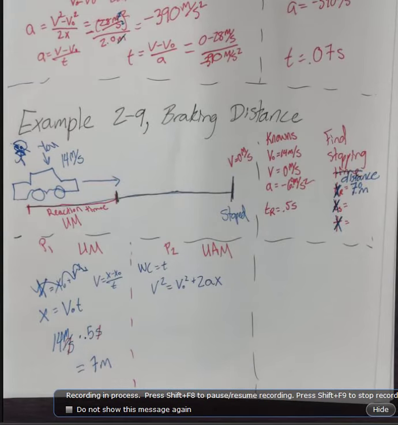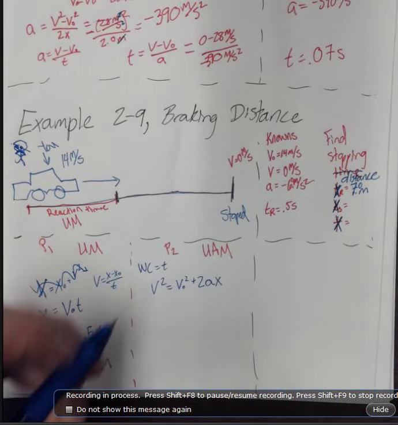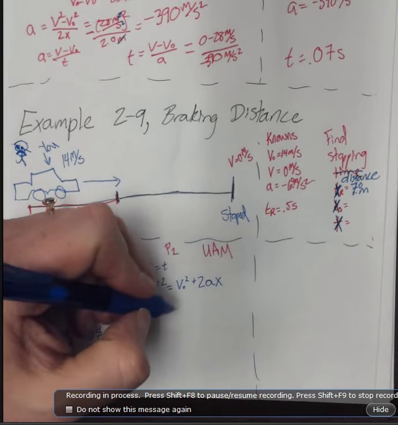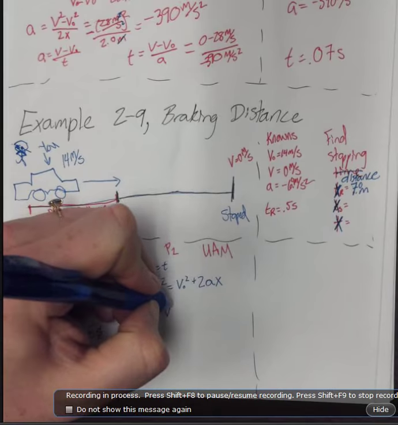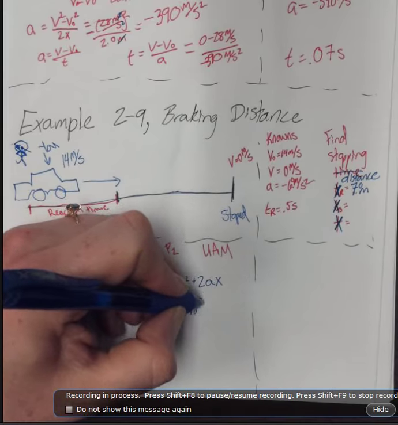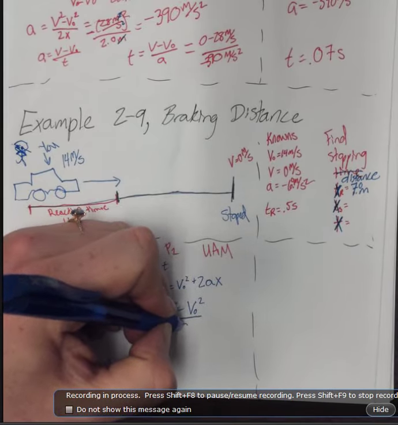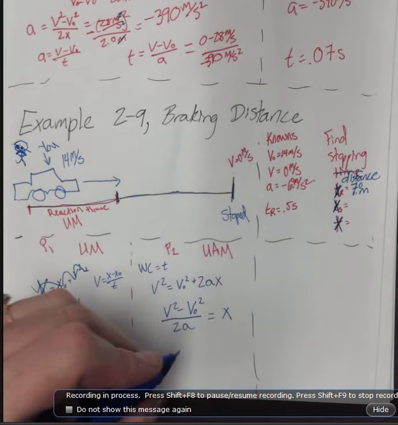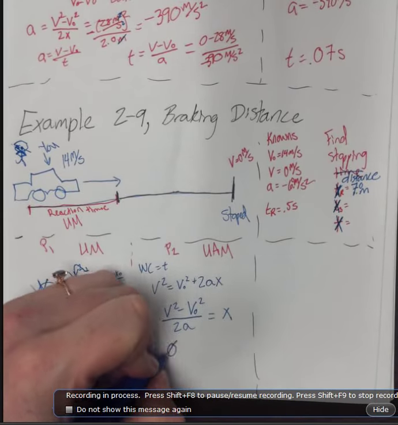This is the relationship between initial velocity, final velocity, acceleration, and position. We know the acceleration and our initial and final velocity, so we can rearrange this equation to solve for position, and that's going to be v squared minus v naught squared, all over 2a, which gives us x.